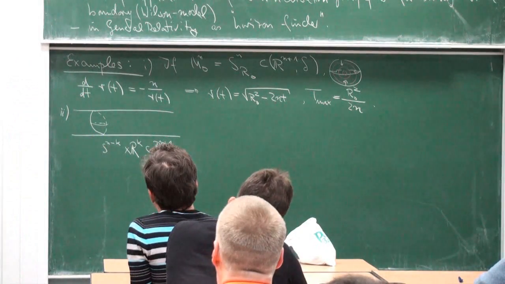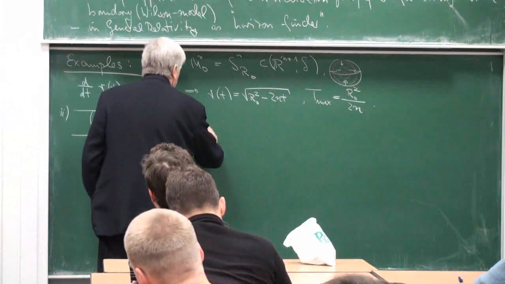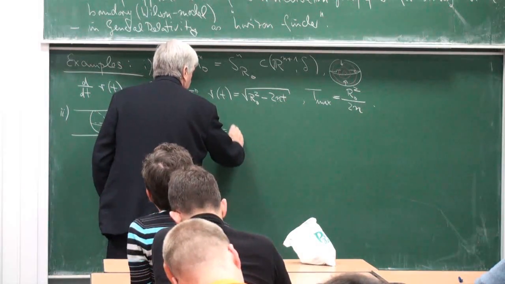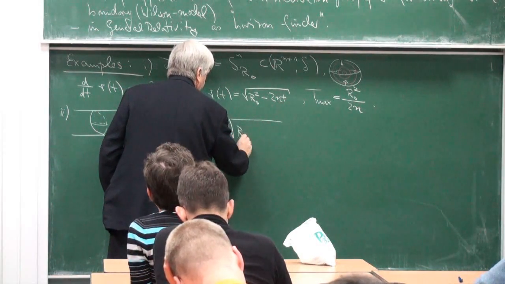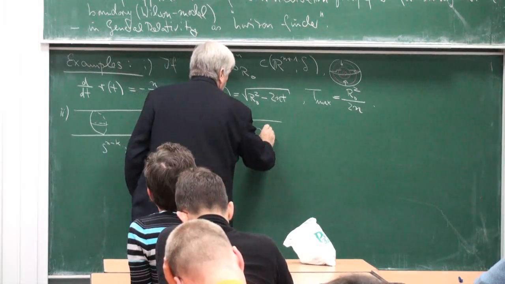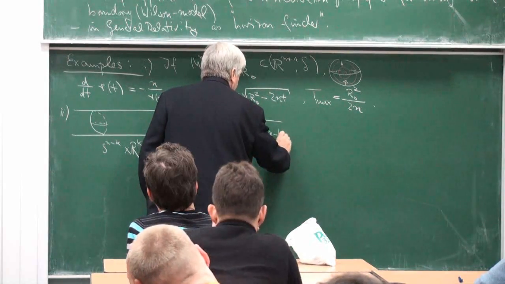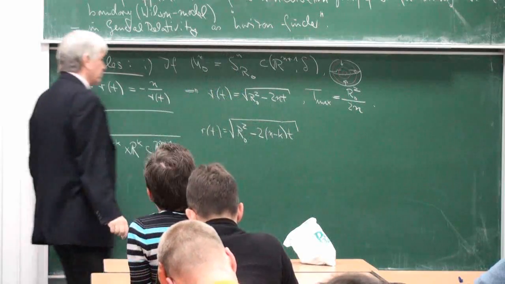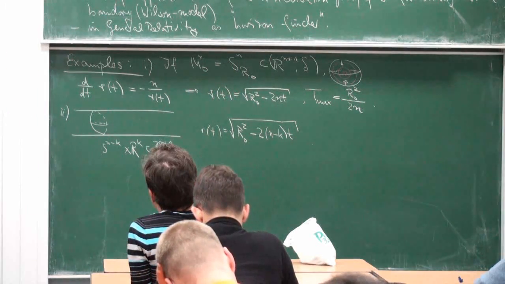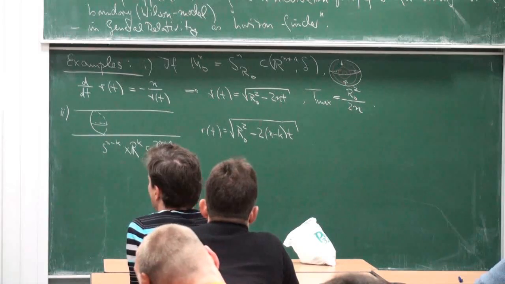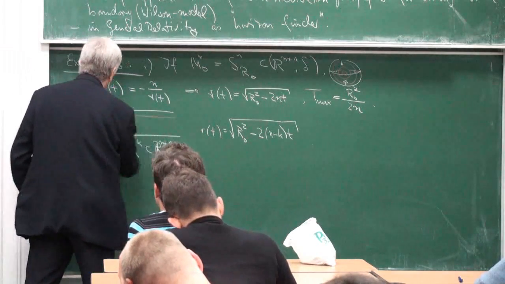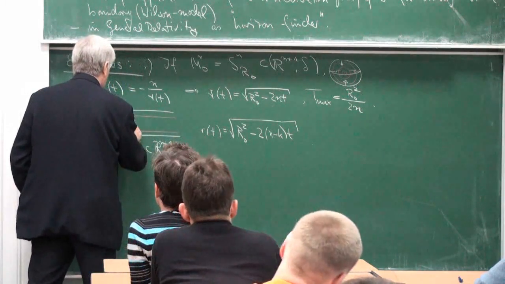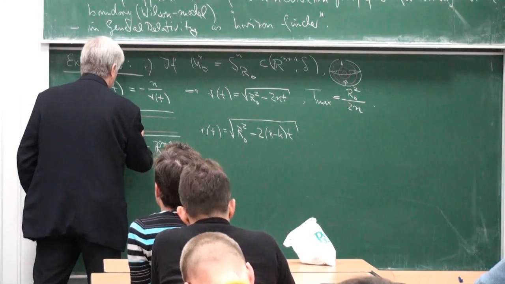And then, of course, you have the same formula here. You have R(t) equal to the square root of the initial radius of the cylinder squared minus 2(n-k) times t. So you have a shrinking cylinder as the solutions of mean curvature flow. Okay?